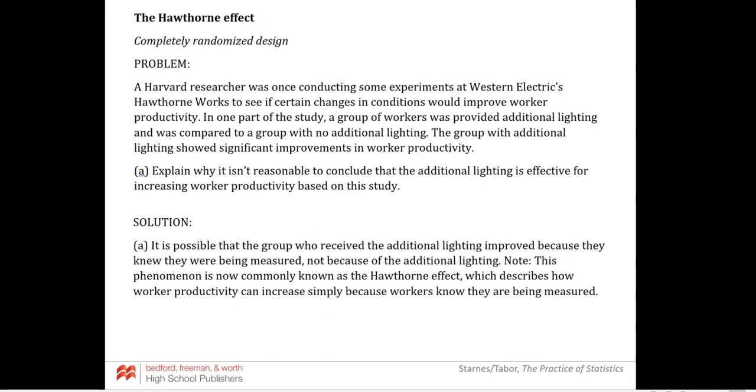Sometimes worker productivity can increase simply because workers know they are being watched and measured. And that's absolutely true. If you're being watched, you're going to probably do a little better job, especially in an industry like manufacturing. You're going to be more productive. That's called the Hawthorne effect. It probably wasn't due necessarily to the additional lighting, but just the fact that they were being watched more closely by their bosses. They're like, we better turn it up a notch here and work a little harder.